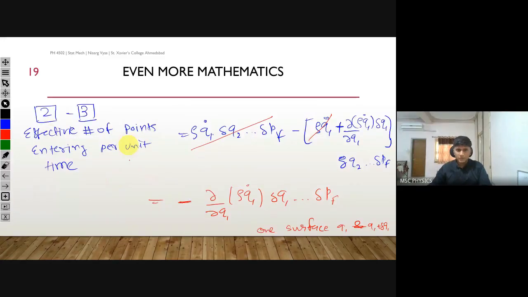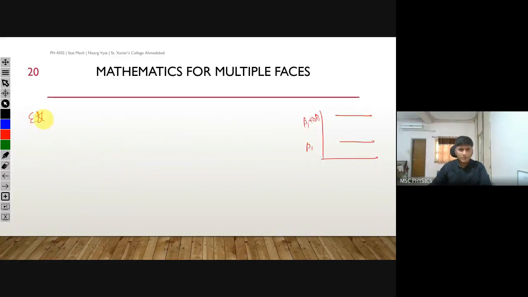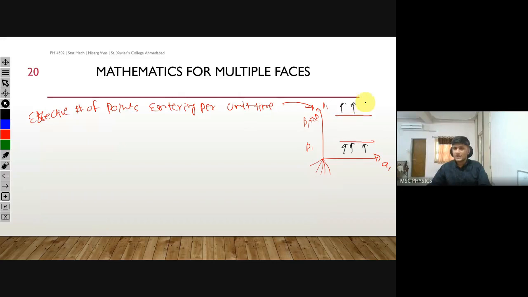Eventually, the effective number of points entering per unit time in this case will come out to be, this is the Q1 axis, this is the P1 axis, and there are many more axes in the phase space. So there are some points entering through this surface, some points leaving through this surface.